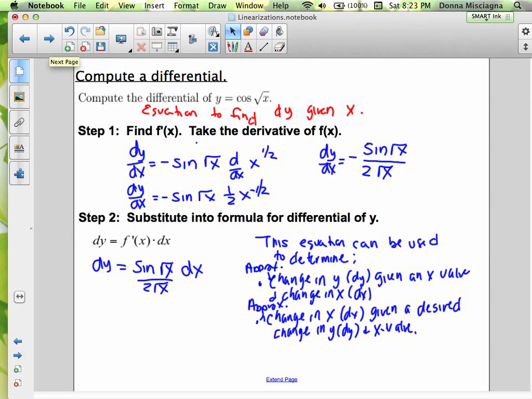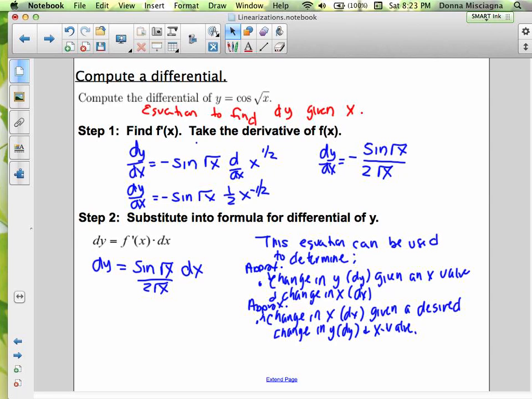So this equation can be used to determine the approximate change in y, dy, given an x value and a change in x, or to approximate the change in x, dx, given a desired change in y, dy, and an x value. So if we know how much we want our dy to change, we can see how much dx has to change.